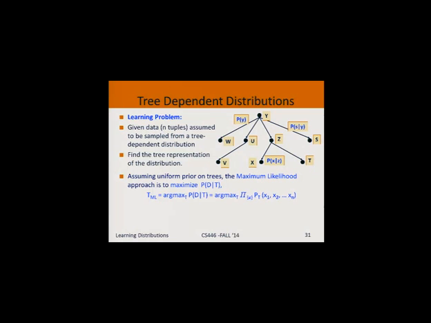Right? So we assume the data points are independent, and therefore we get this product here, and then we do argmax over T of these probabilities. Same thing that we did all the time, only that now it's a tree.